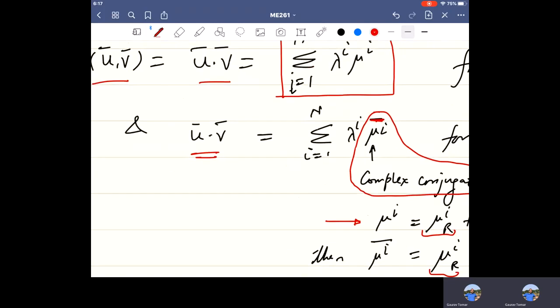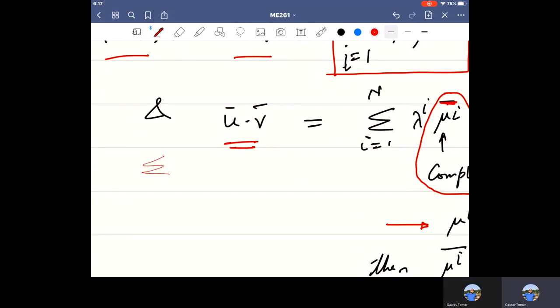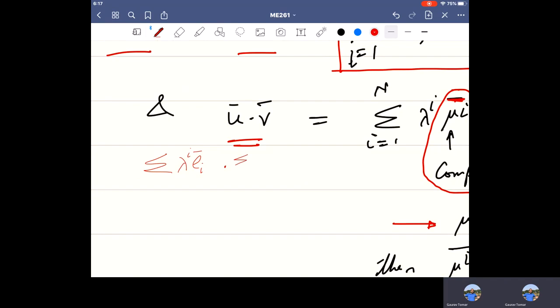If you want me to elaborate, you can think of it as summation lambda I ei dotted with summation lambda j ej. Correct? Now you can write this as a summation over I and j.